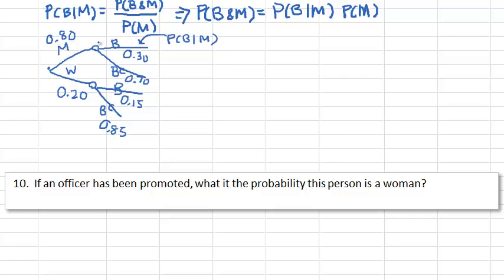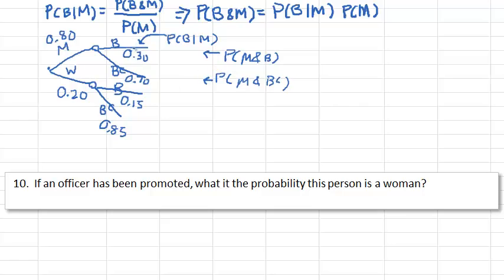Okay, so here's a list of the probabilities summarized in a tree. From this, we can get the joint probabilities. So here we have the joint probability of M and B. Then we have the joint probability of M and complement of B, and so forth.